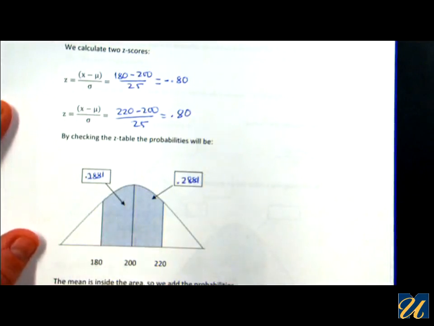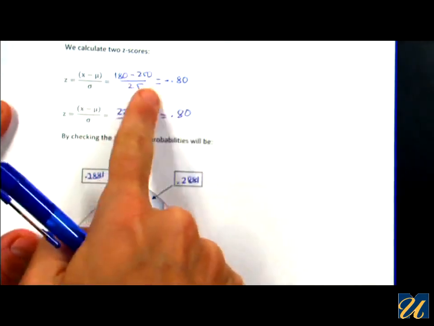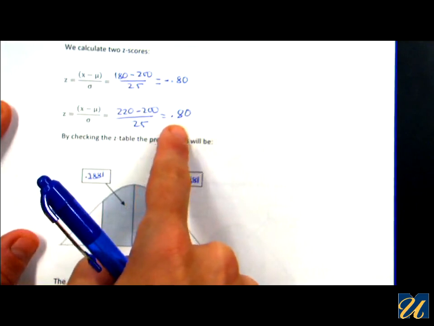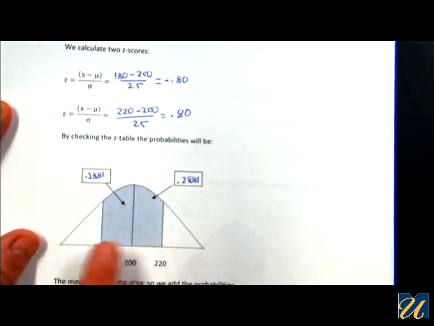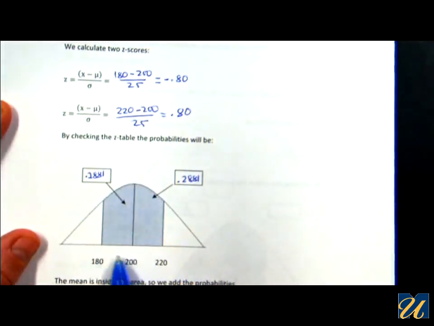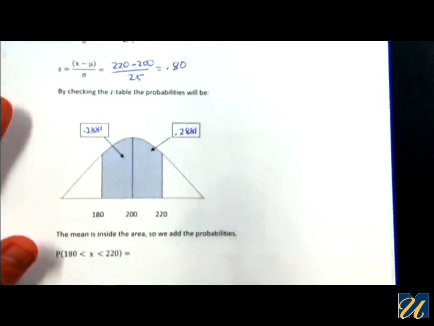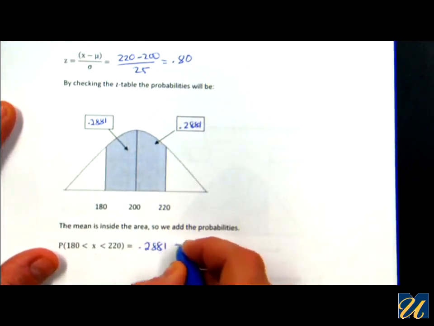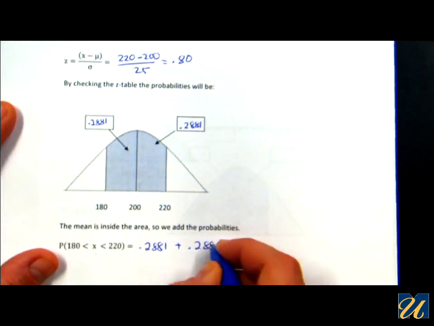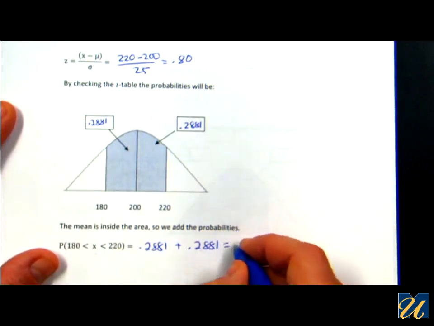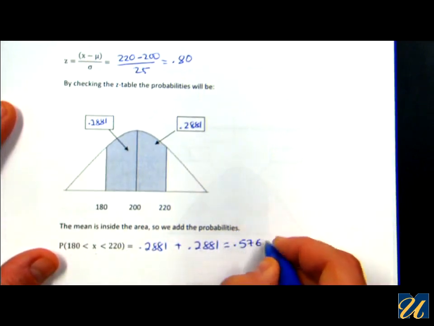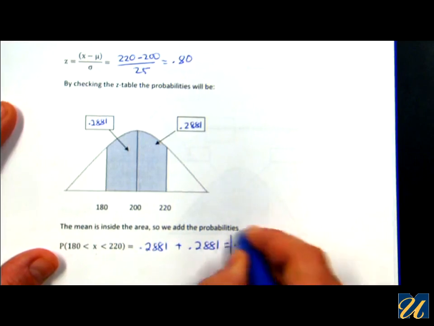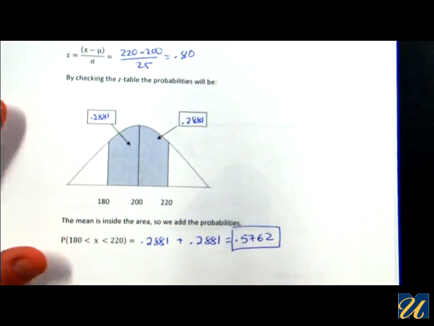Since I'm looking for an area between a negative and a positive z-score, or if you want to look at it in other terms, an area where the mean is inside the area we're looking for, then we add the corresponding probabilities. So 0.2881 plus 0.2881, this will be equal to 0.5762 for the area.